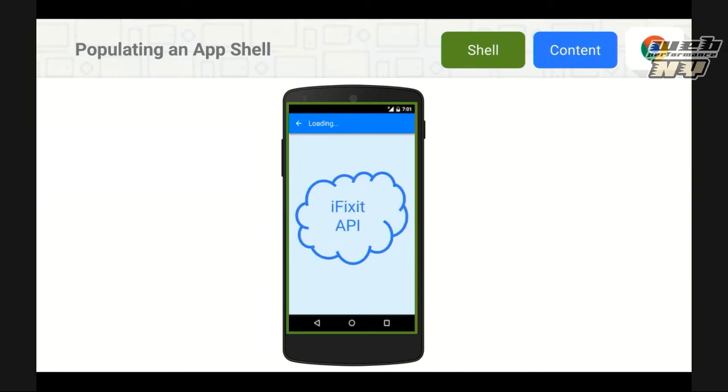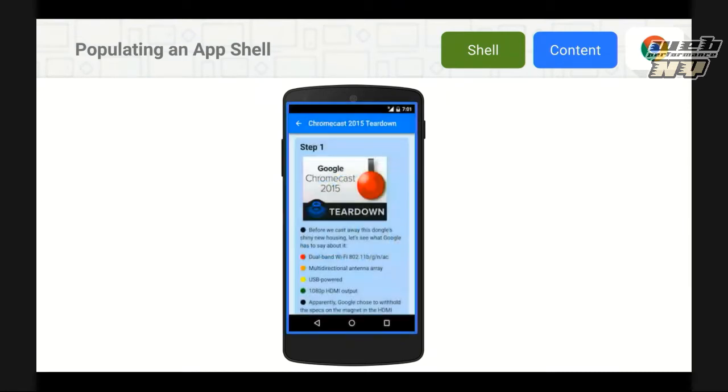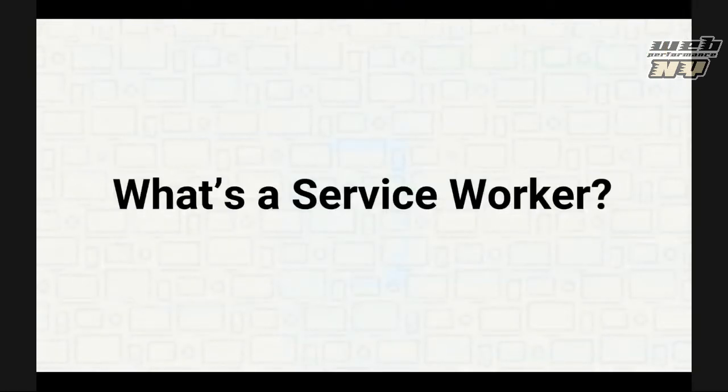Zoom in, that's what the network request looks like. And then we populate the view, and you get some things on the screen. The formula is the app shell plus our dynamic content equals our complete rendered page for this type of web app. And anytime you see something colored blue, I'm talking about dynamic content. We have our full page.